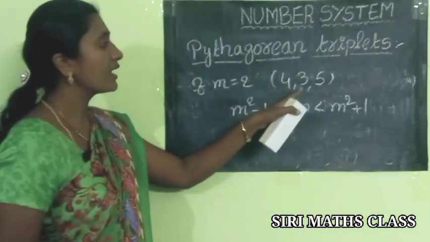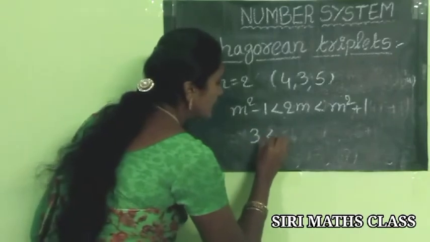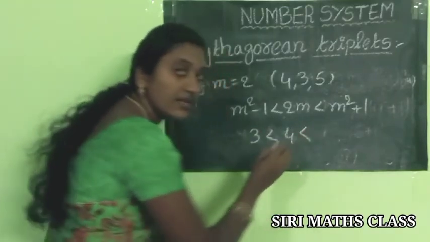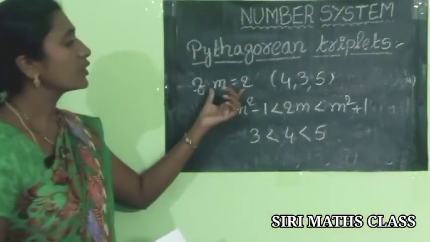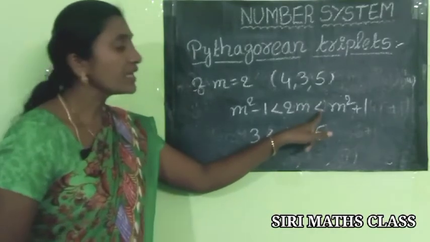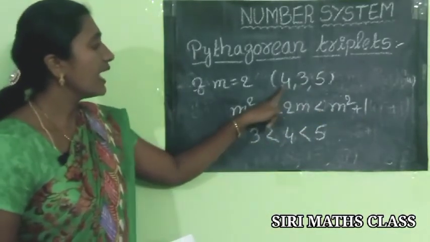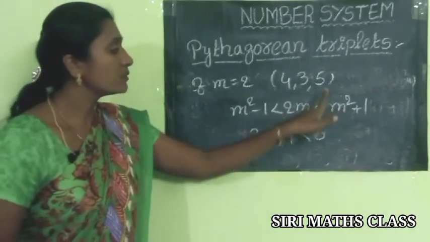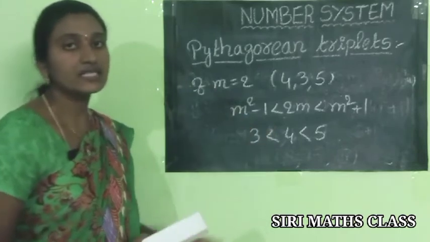This is 2m value, m square minus 1 and m square plus 1. So here 3 is less than 4, less than 5. M square minus 1 is 3, 2m is 4 and m square plus 1 is 5. If m equal to 2, we are getting this condition.